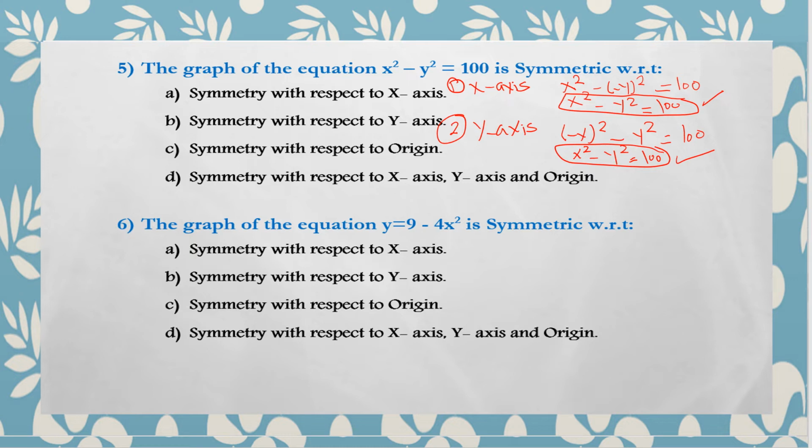The third one is with respect to the origin, and these by replacing the value of y with negative y and the value of x with negative x. So negative x squared minus negative y squared equals 100. So this equals x squared minus y squared equals 100, and this is also equivalent to the original equation.